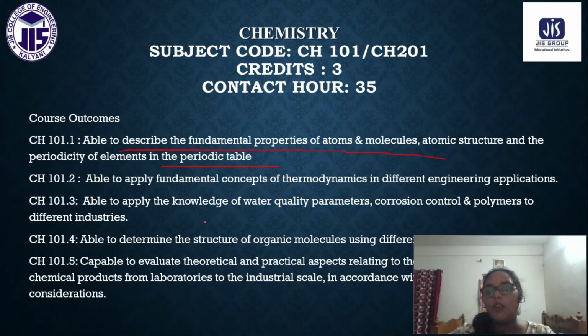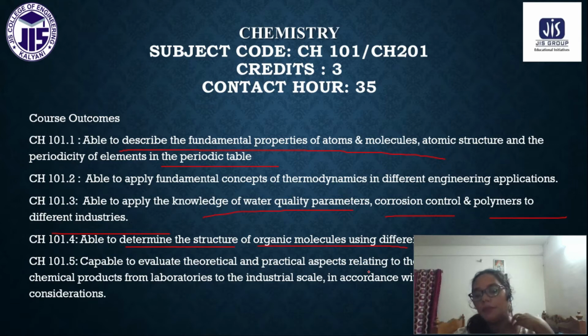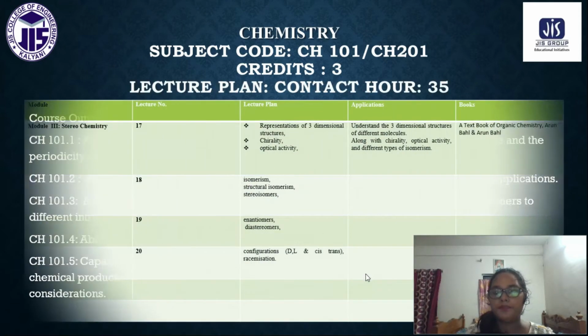You can apply the knowledge of water quality parameters, corrosion control and also polymers to different industries. You can determine the structure of organic molecules using different spectroscopic methods, and also you can evaluate the theoretical and practical aspects regarding some of the products that you can synthesize in the lab and also at the industrial scale. So these are some of the course outcomes that we have for our course.